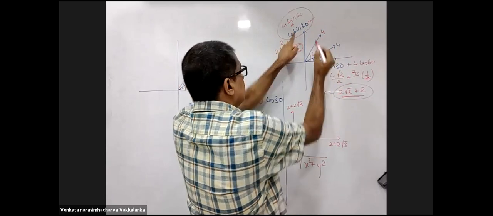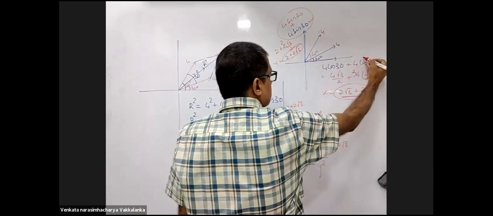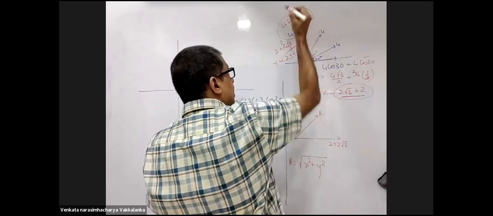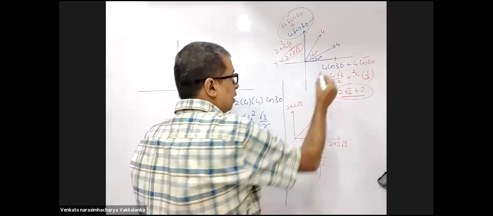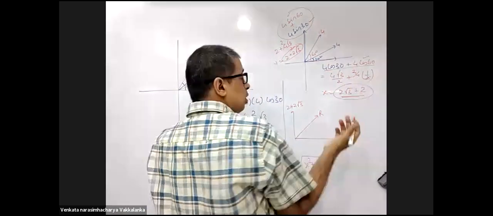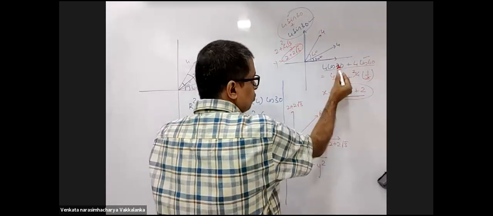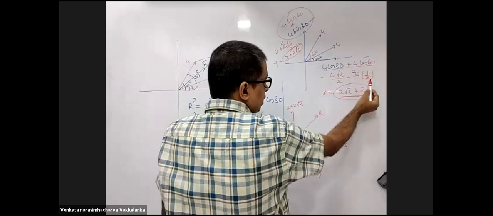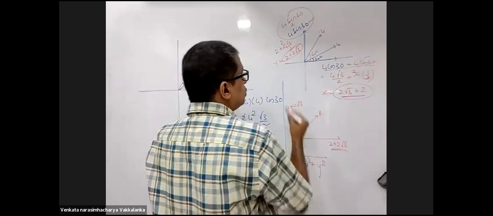Yes, sir. Now, similarly, this 4 I resolved along the x-axis as 4 cos 60 and along the y-axis as 4 sin 60. And then I added both. How will you add both of them? They are in the same direction. Okay, sir. 4 root 3 by 2, 4 into 1 by 2 will be 2 plus 2 root 3.